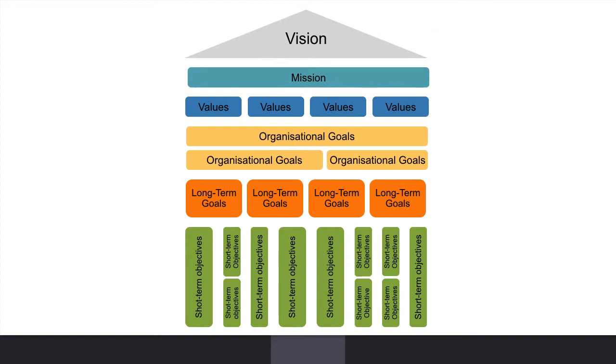And when you start achieving more of your long-term goals, you will automatically start succeeding in your organizational goals, and so on and so forth. As you can see, we always start with the vision and mission, and we work downwards, making sure that this vision, mission, and values filter through into our organizational goals, long-term goals, and short-term objectives.